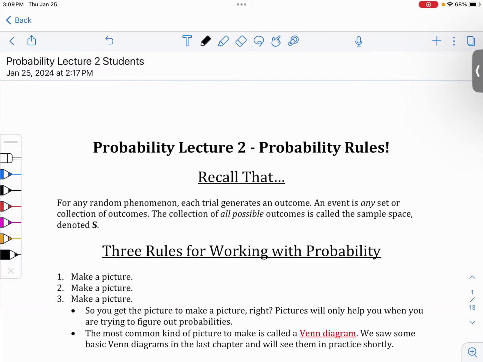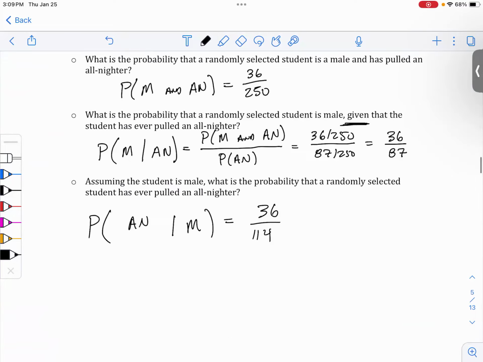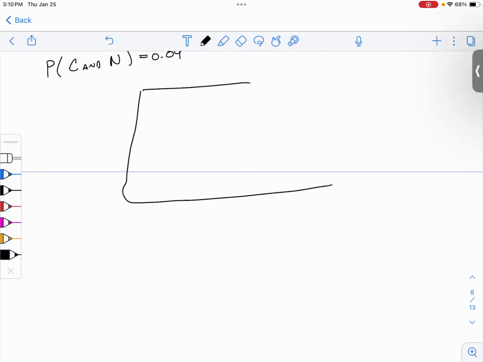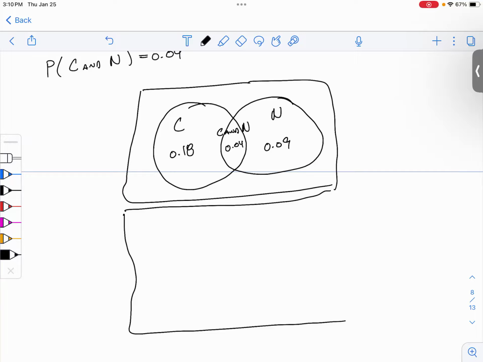That's basically what we do every single time. And again, instead of one picture, 2 pictures.